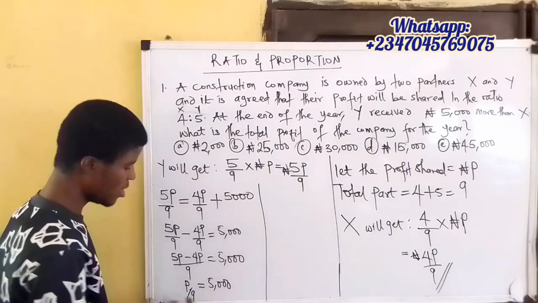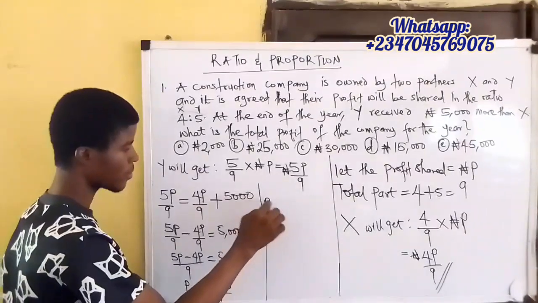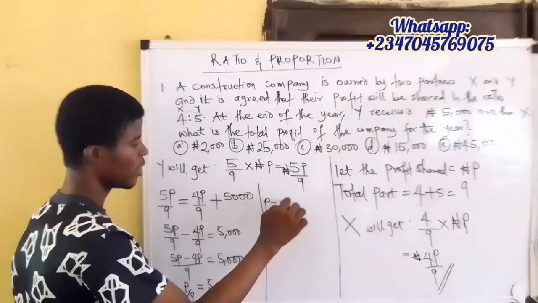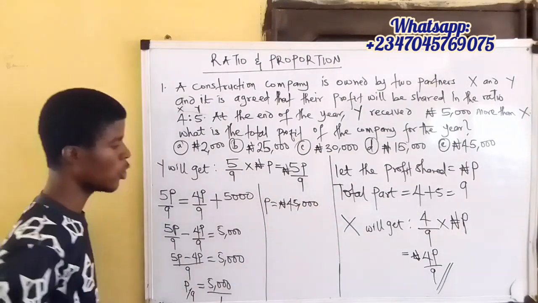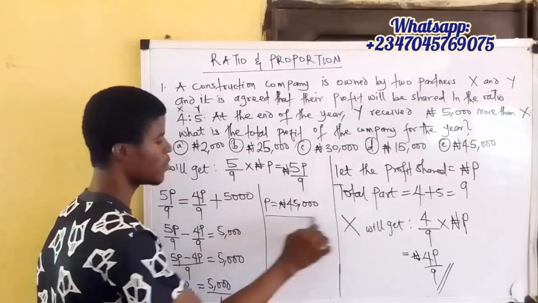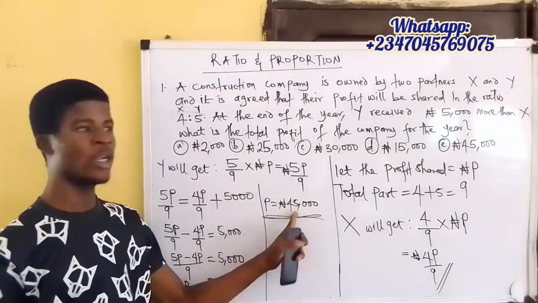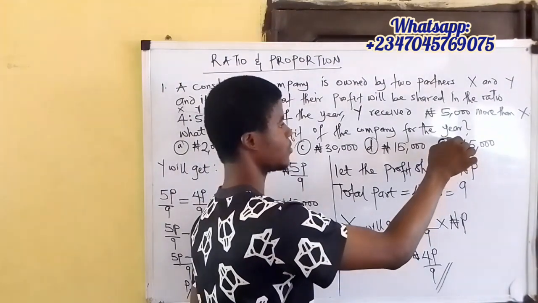So to get P now, 9 times 5,000 is 45,000. So P, which is the total profit that they shared, is 45,000 naira. And that we can see under option E.